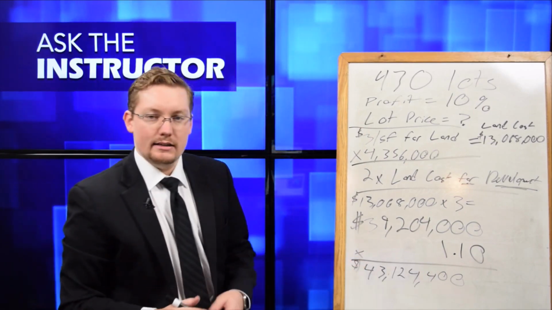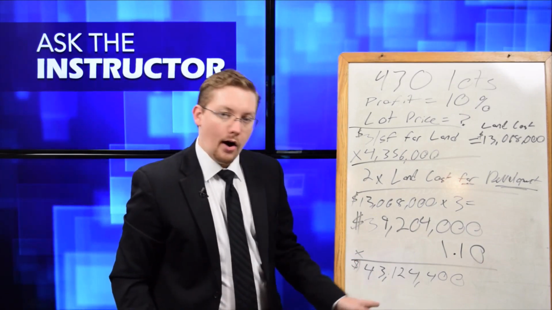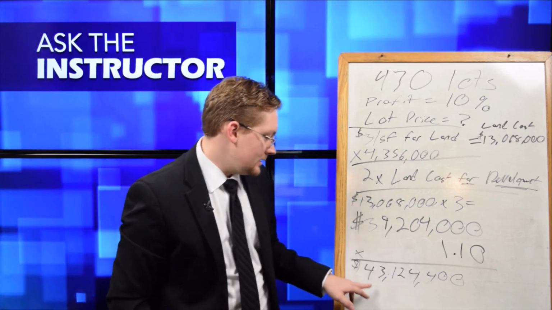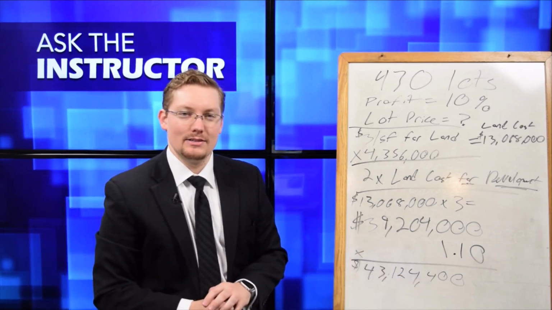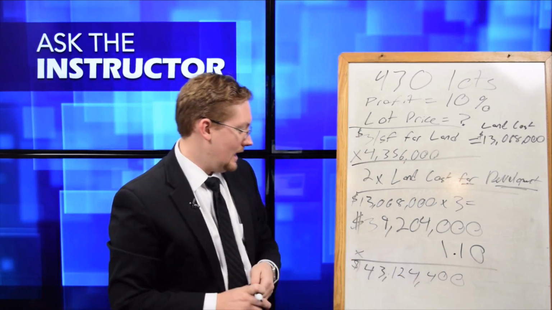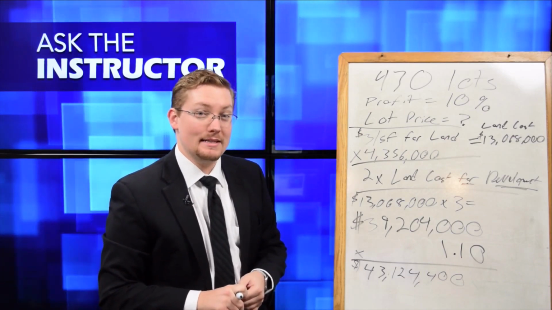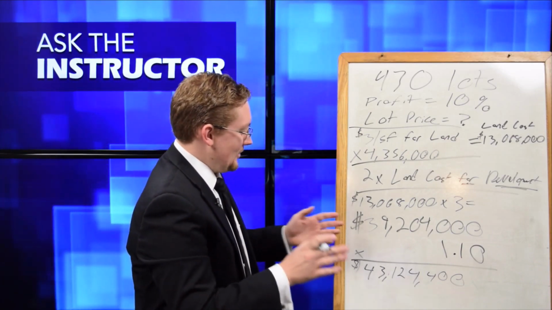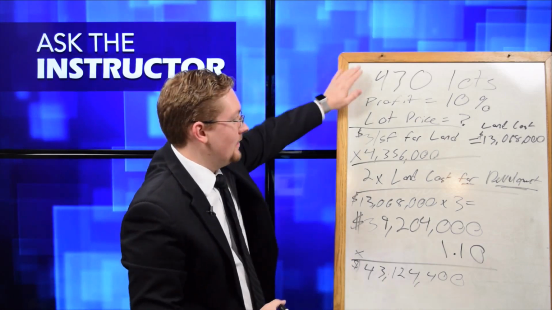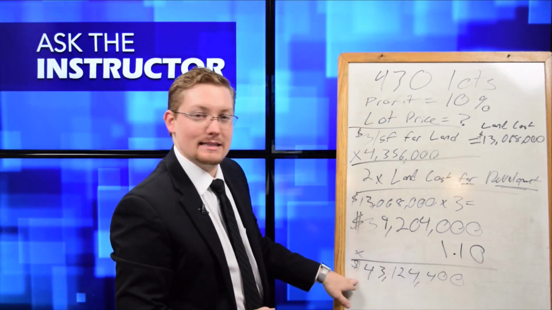So when it's all said and done, we need to sell all the lots for a total combined amount of $43,124,400 for these 430 lots. These are going to be some expensive lots that we have here. But anyway, so that's our total cost. We sell 430 lots. That's the number we need to be at.